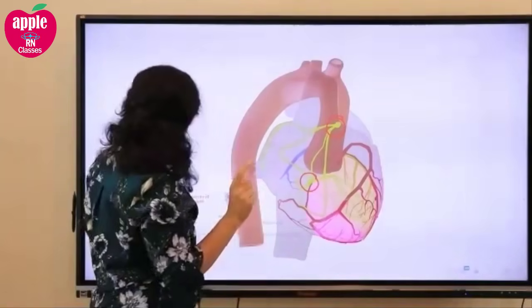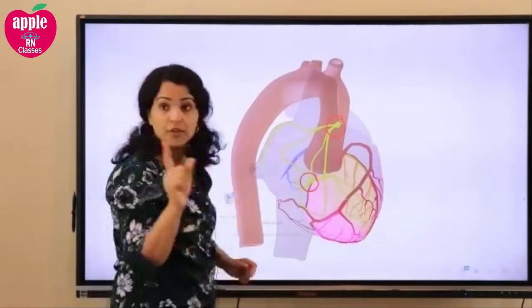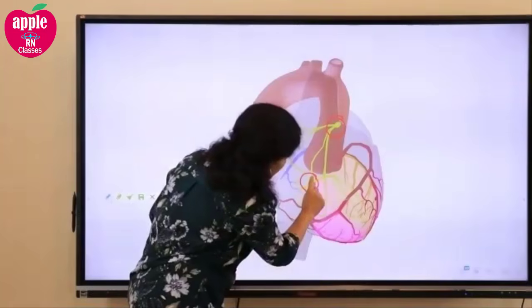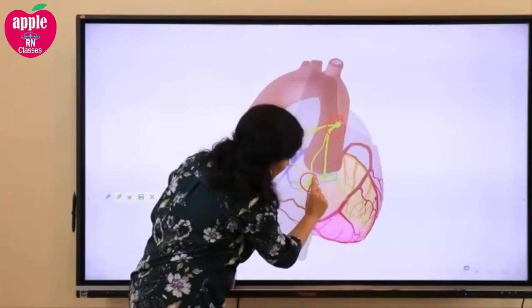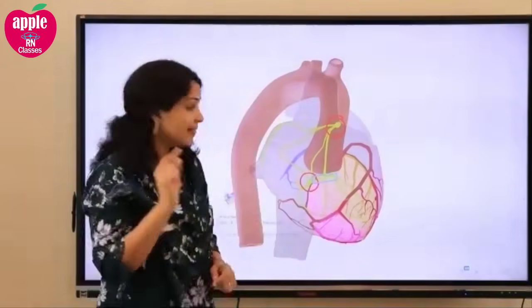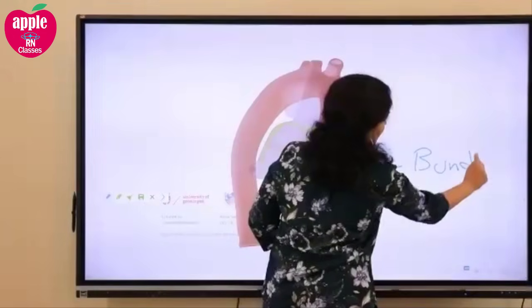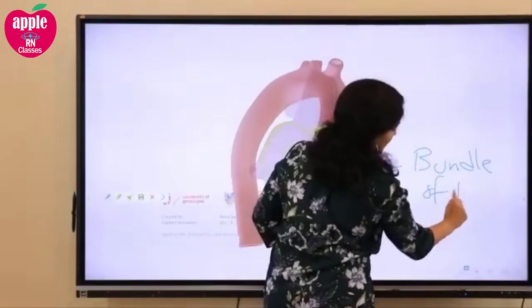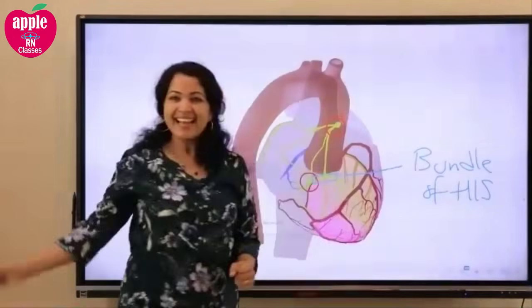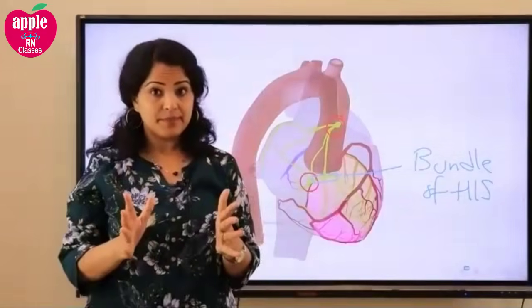Let me get another color for that, maybe blue. Do you see this thick bundle here? In that blue box, the thick bundle is the bundle of His, and that represents the septum.